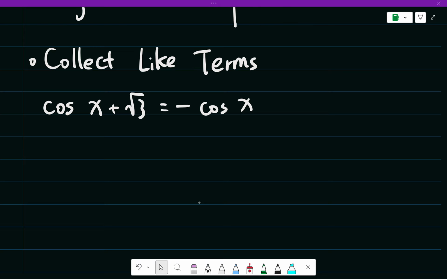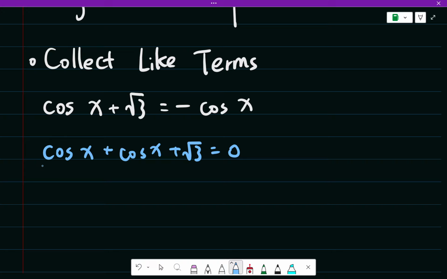So we should first recognize that we could move the negative cosine x on the right side over to the left side. So we will have something like cosine x plus cosine x plus root 3 is equal to 0.